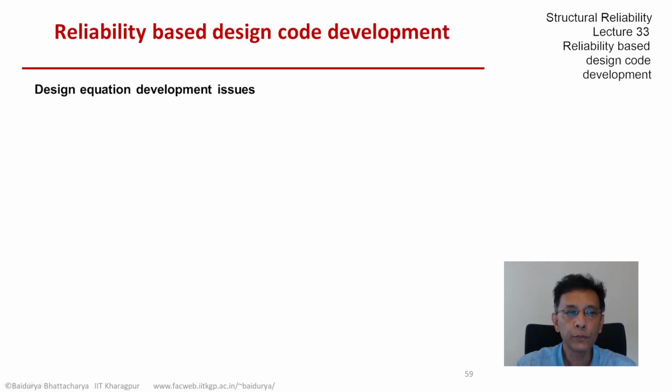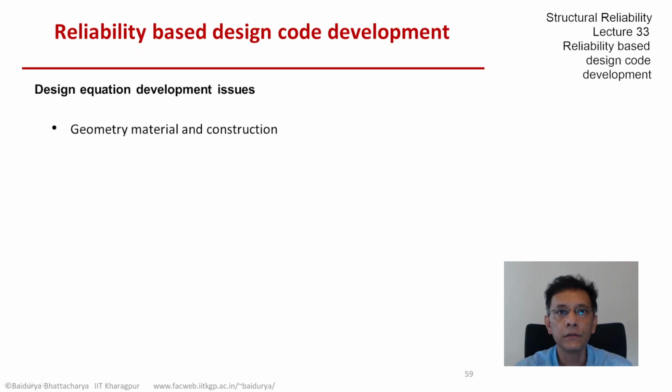There are also many issues, and again, we should not trivialize them. And I have listed a few here that the design obviously is governed by and has to be consistent with the geometry of the structure or the member, the material to be used, or materials to be used, and construction method, construction technique.